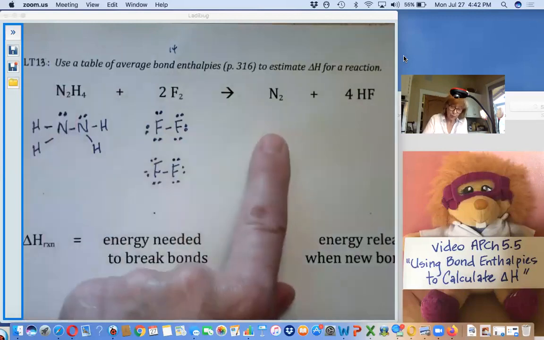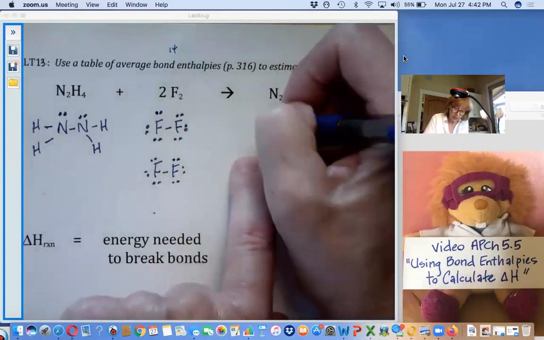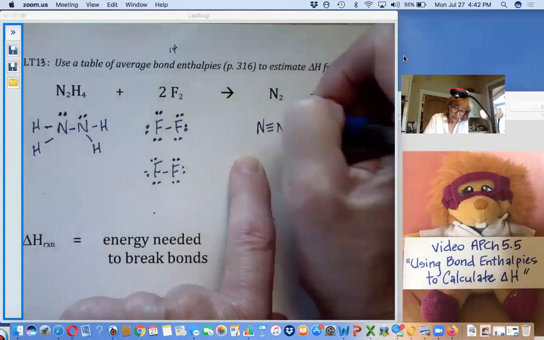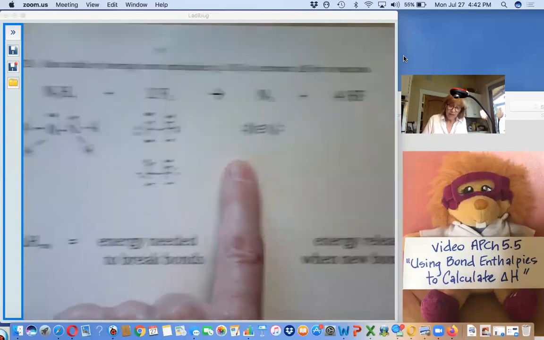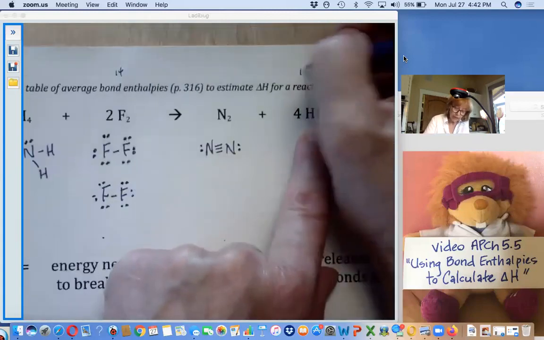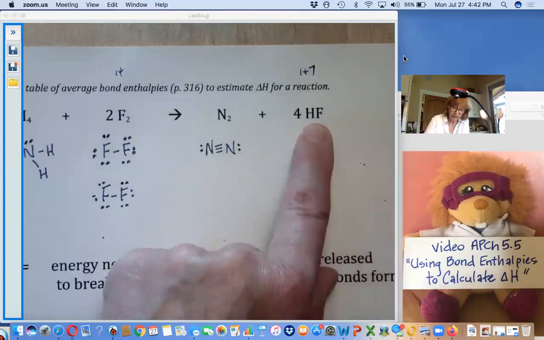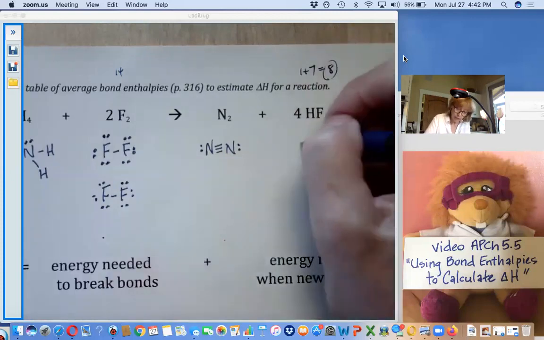Coming over here to the product side, N2, if you recall, we did that one earlier. Nitrogens bond together with a triple bond. And then my hydrogen fluoride. Like hydrogens have 1 valence electron, fluorines have 7. That's a total of 8 for my target number.